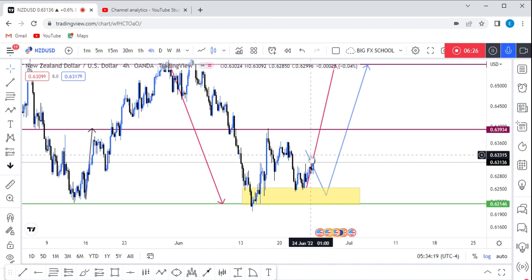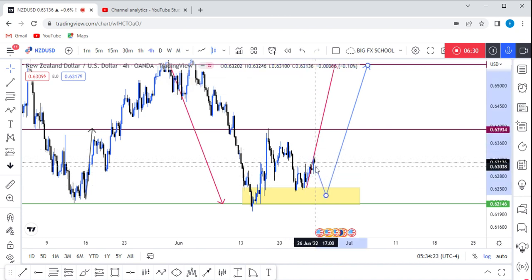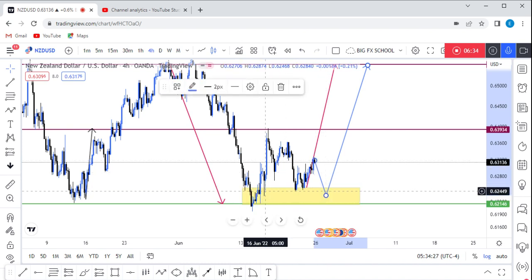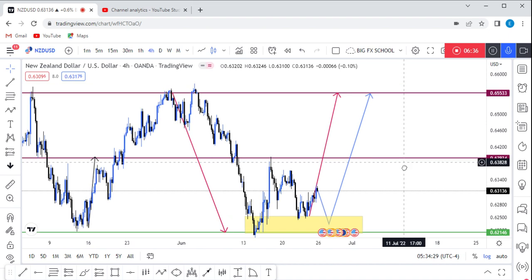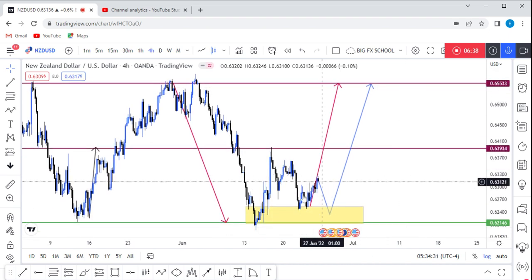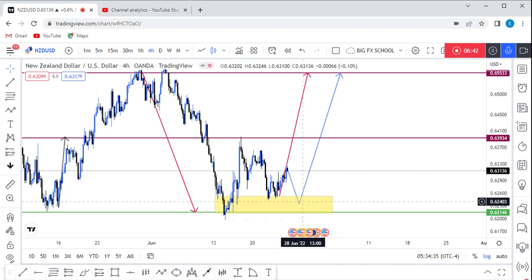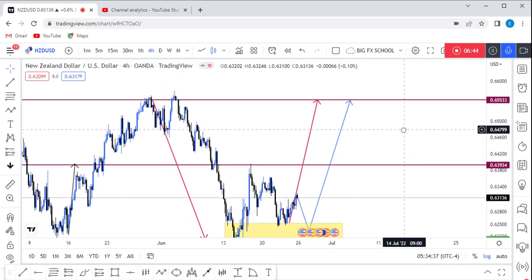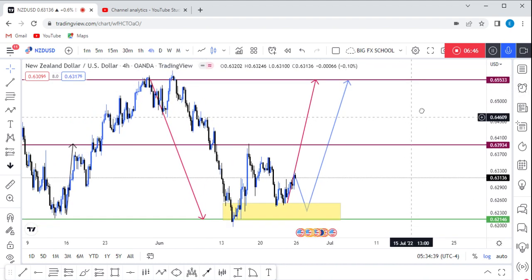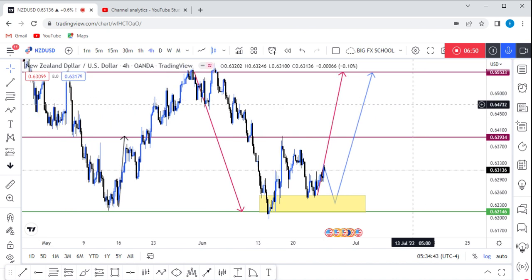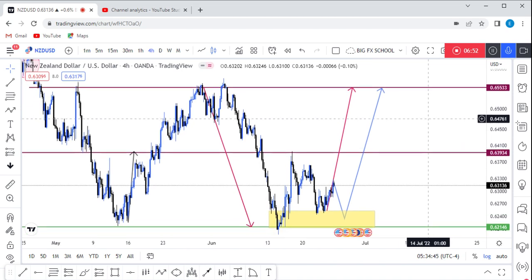The market here may correct. We may expect a simple pullback at this level to take the liquidity here. After reacting here, we may start going up. If we are not in the trade now, you may wait for a simple pullback, then you enter a long setup. We will be buying NZD/USD this week.